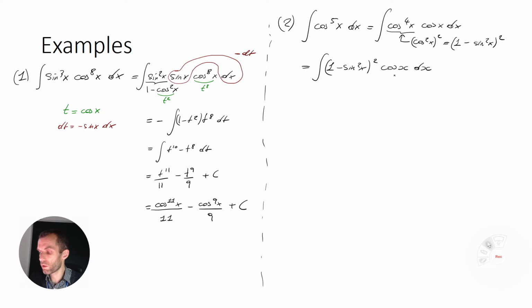And now my integral is nicely set up for substitution. I can call t sine of x, and then this term becomes t squared. dt then becomes cosine x dx, and as I already predicted, these two terms give me just my dt.